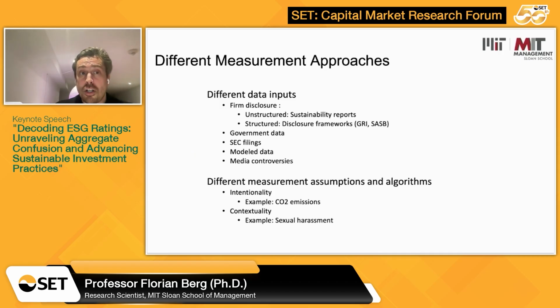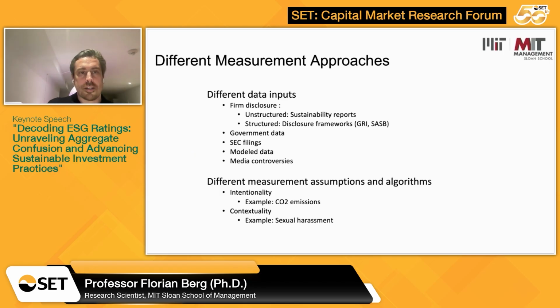Then there's a lot of structured data that firms disclose, through disclosure frameworks such as GRI, SASB, or ISSB. With GRI or SASB, you have a content index, and in this content index they say, okay, we disclose emissions, and you find them on page 22 in the sustainability report. So it helps you very quickly find all the information you want.